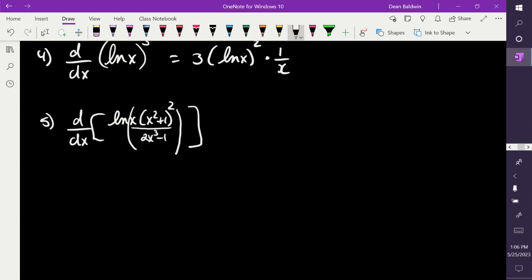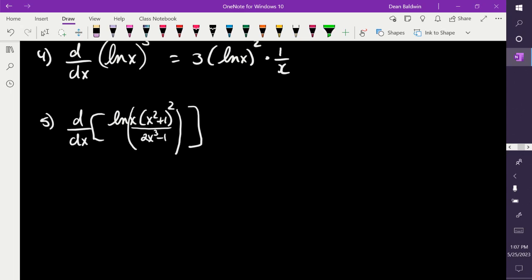It's like that. The natural log of that junk. I want to do the derivative. Okay. That's gross, right? Everything's inside the natural log. All right. That's yuckies. So use your log rules to expand it.